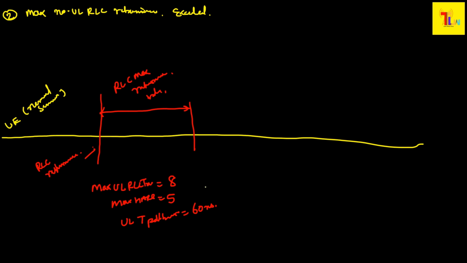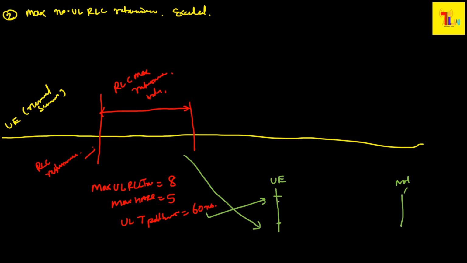Suppose the packet is being sent from the UE to the node. At this particular point, your UL T-poll timer will start. Whenever it starts sending the packet, it will go till here and try to receive at this particular time.